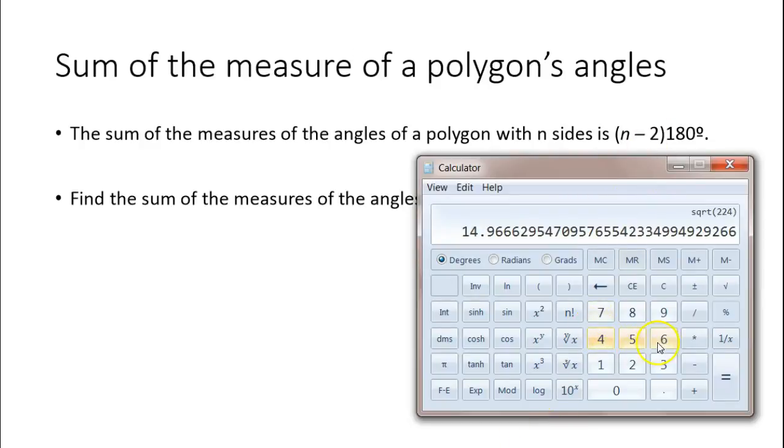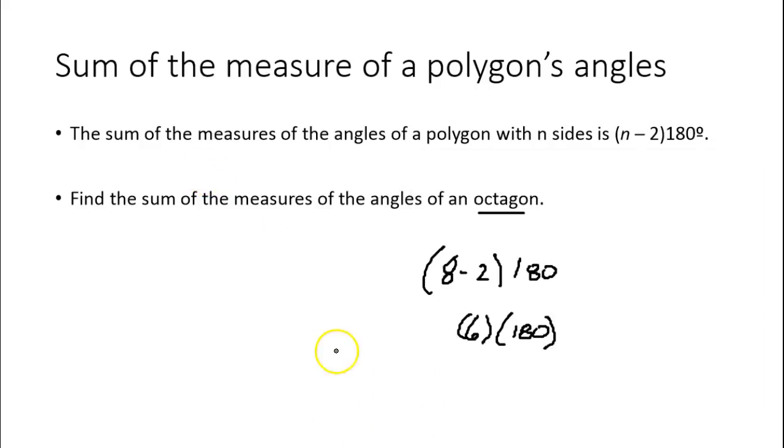I'll have to use my calculator. 6 times 180 equals 1080 degrees, so 1080 degrees would be the sum of the measures of the interior angles of an octagon.